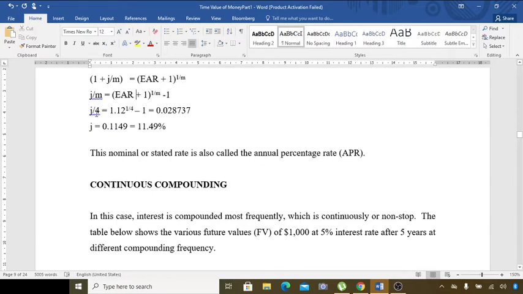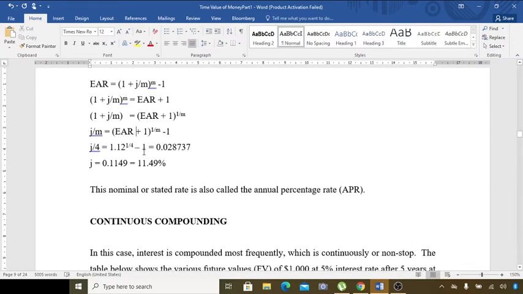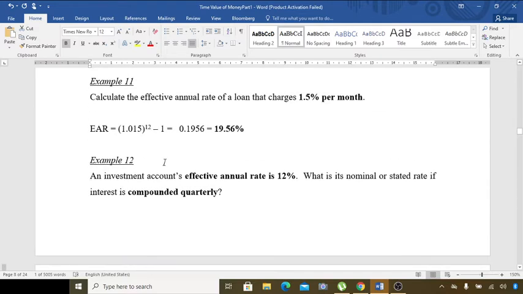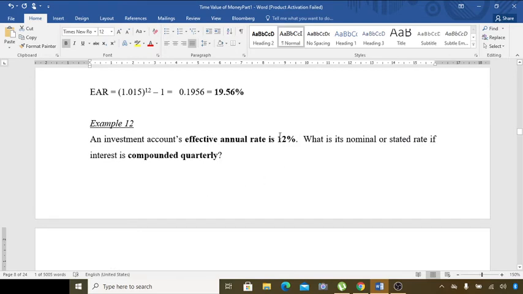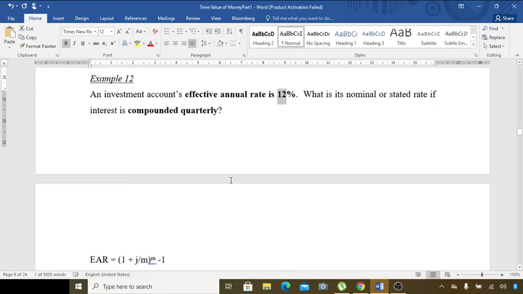So j over 4 equals 1.12 to the power of 1 over 4, minus 1, so j over 4 equals 0.028, and j is this term multiplied by 4, so it's 11.449%. So this is another angle: the nominal interest rate of 11.49% at quarterly compounding is effectively 12% per year.